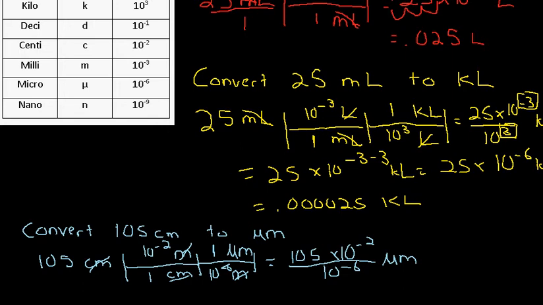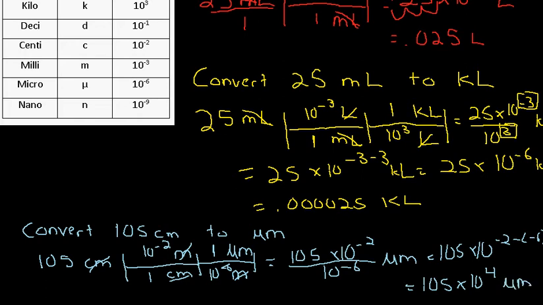Combining the exponents, you subtract them, so this becomes 105 times 10 to the negative 2 minus negative 6, which leads us to 105 times 10 to the 4th micrometers.